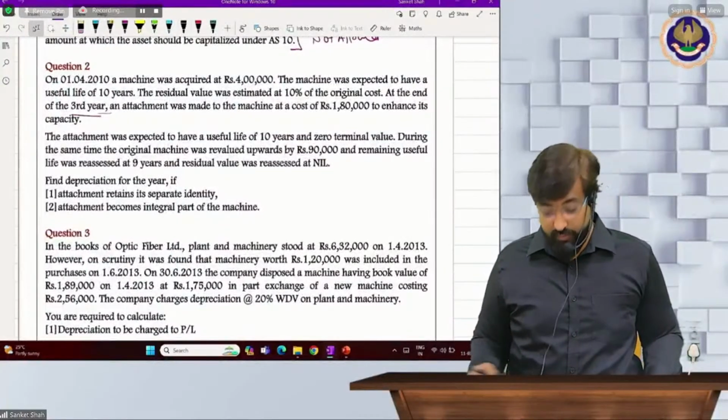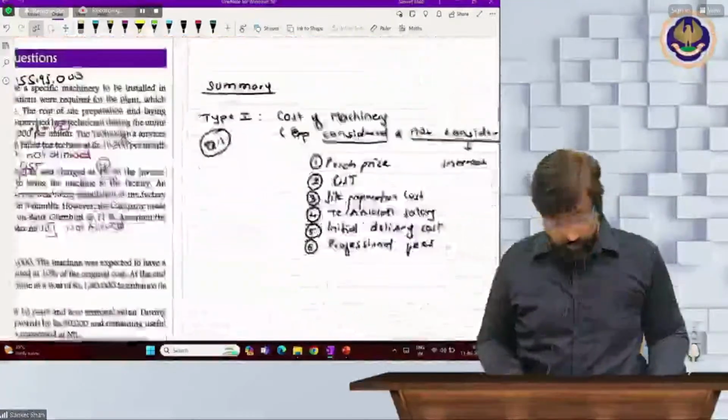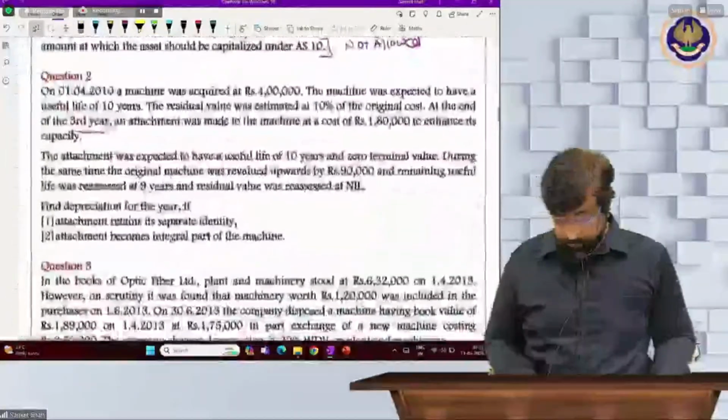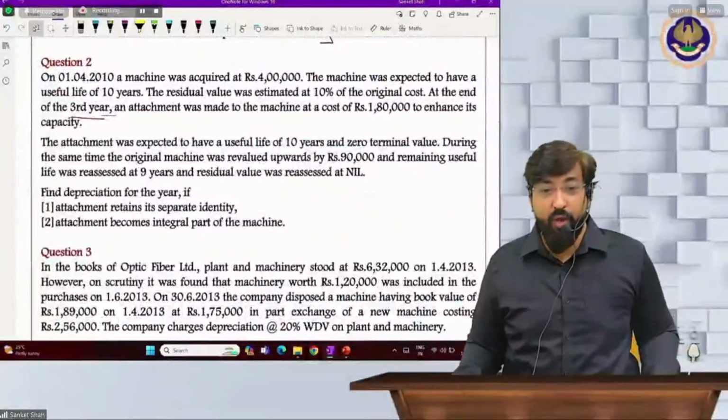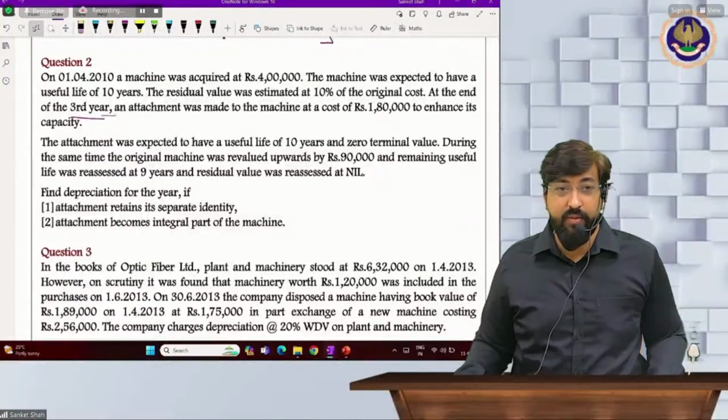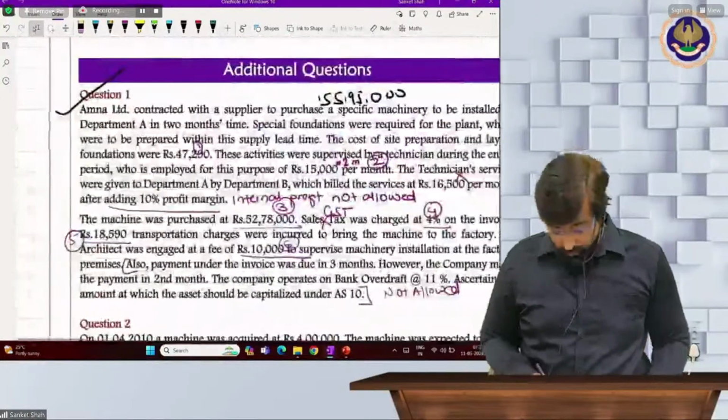Okay, now let's move to question number 2. Easy or difficult? Do you have any question in question 1? It's very simple. I got 55 lakh 99. Yes, beta. Please, I will show you the answer also.